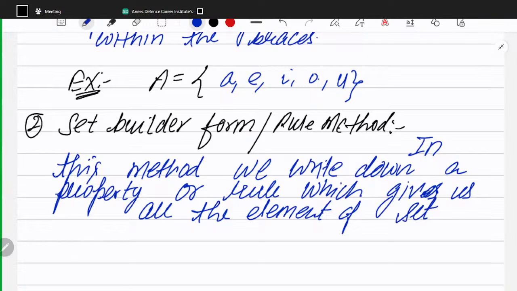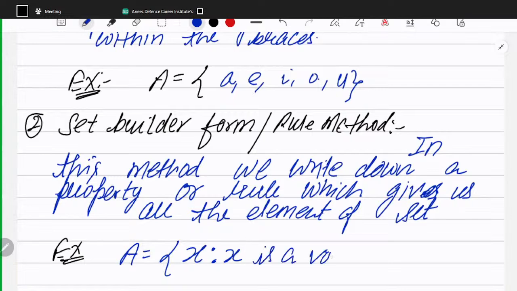For example, capital A is equal to x such that x is a vowel of the English alphabet.